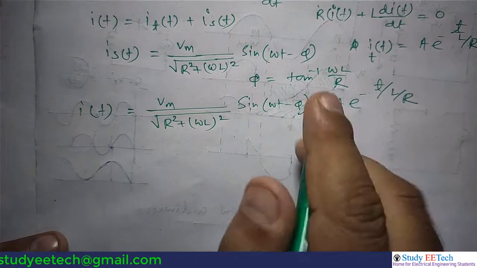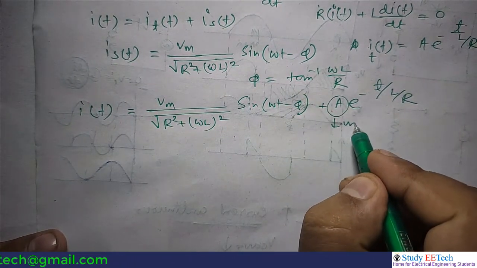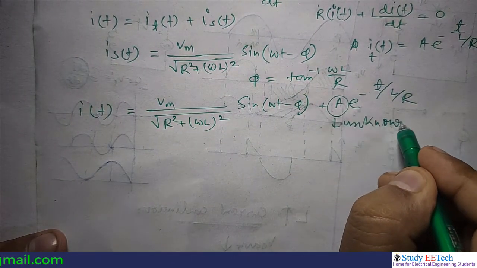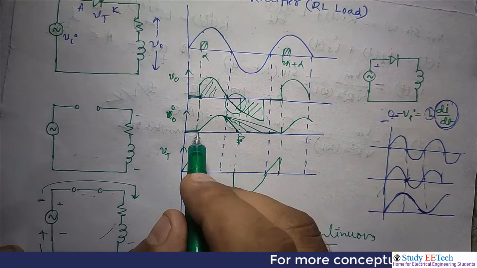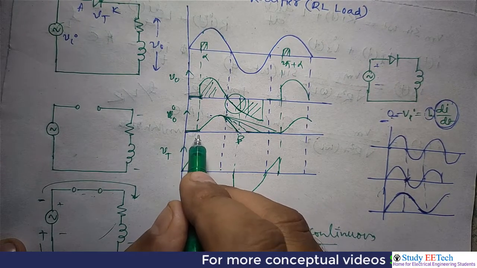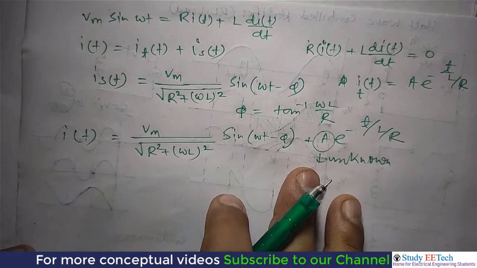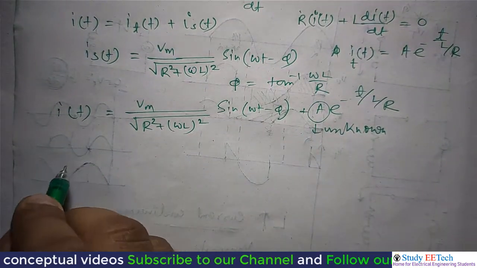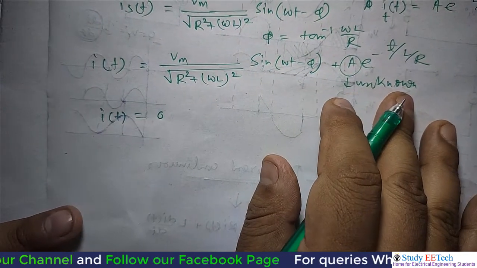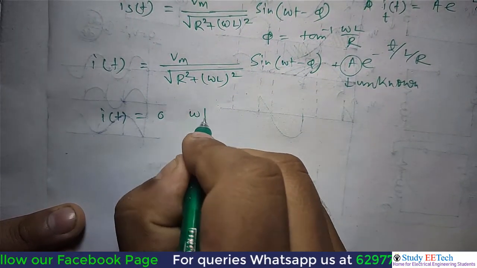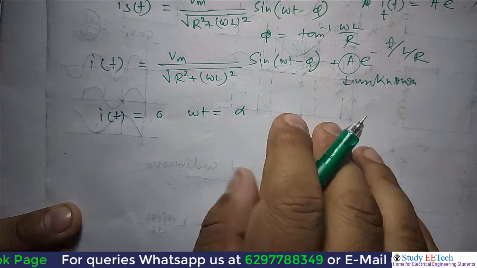So A is unknown. To find this A value, we use the boundary condition: i(t) equal to 0 when omega t equal to alpha.